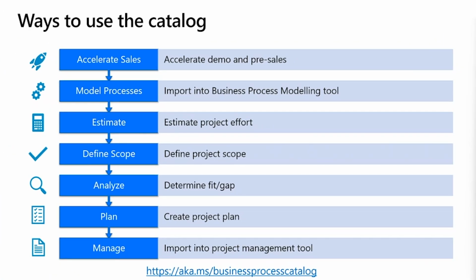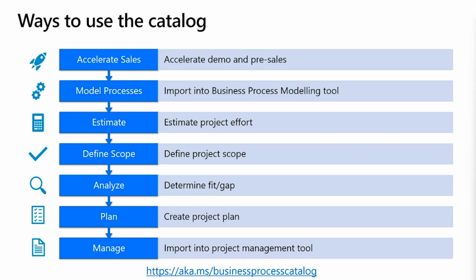Before we dive into the details of setting your goals and objectives, I wanted to quickly review some ways and times throughout your project that you can leverage our catalog to help your implementation go smoother. We're primarily going to be focusing on the scope and estimation process today, but we will be touching on a few of these other items as well.